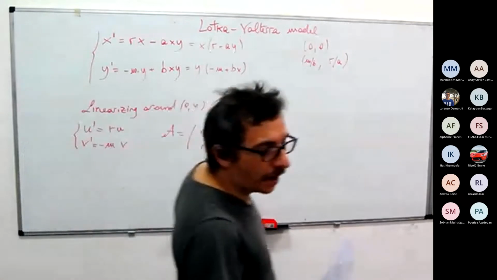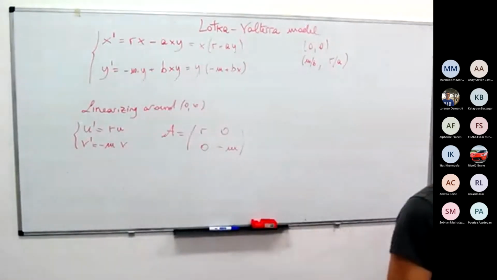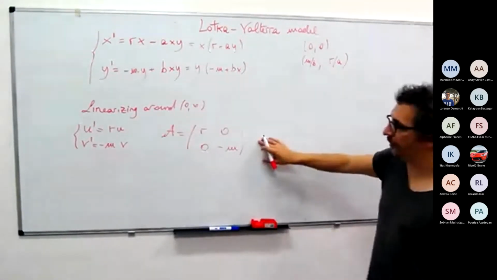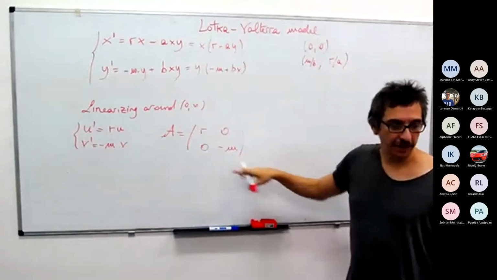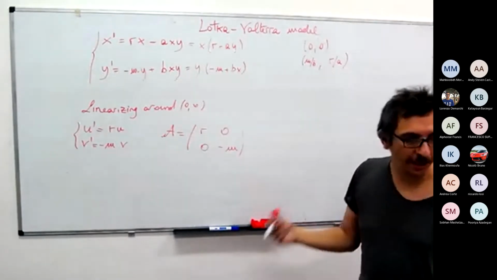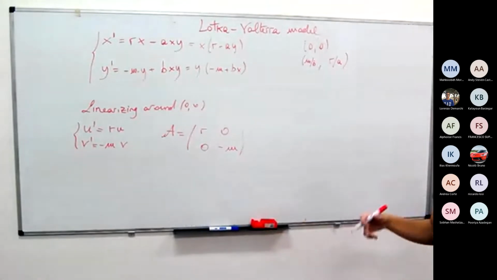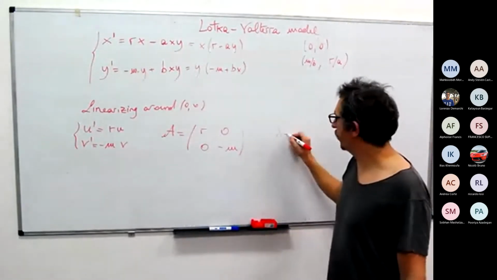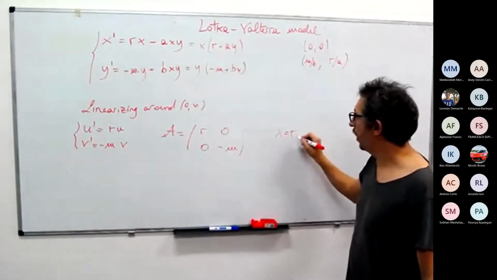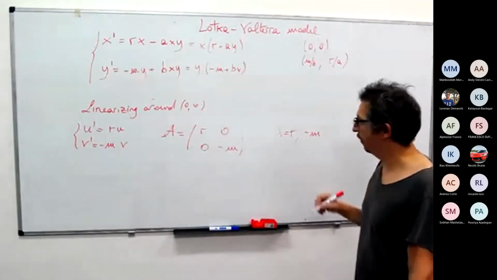You can already read out the eigenvalues from the form of this matrix, because this is a diagonal matrix, so the eigenvalues are exactly the entries that you find on the diagonal. The two eigenvalues for this matrix are r and minus n.